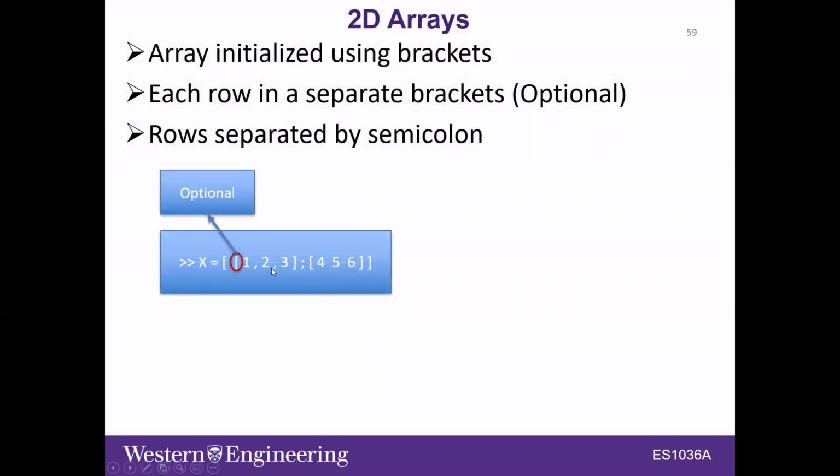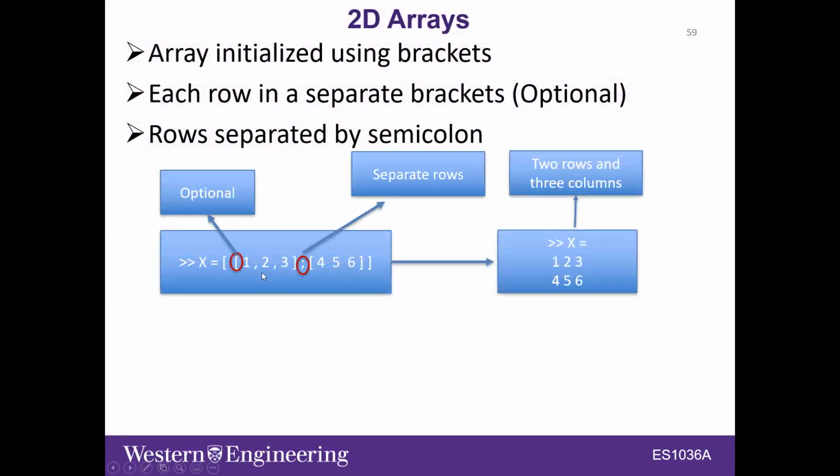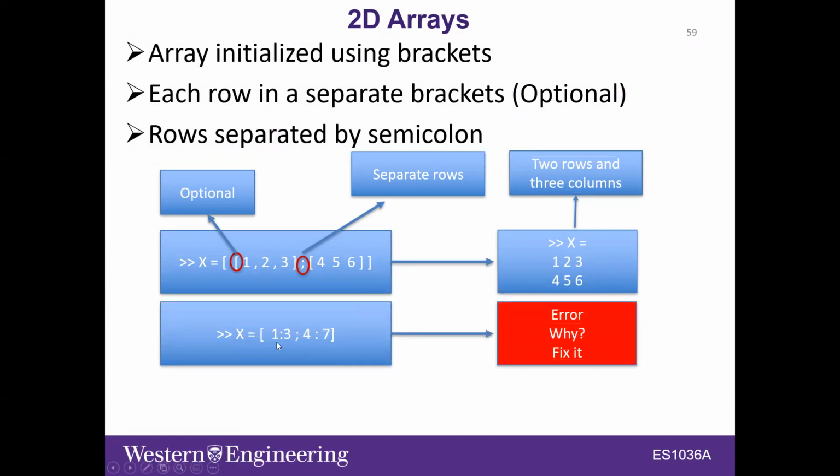Two-dimensional array, it is done like this. Separate rows: 2 rows, which are 1, 2, 3 and 4, 5, 6. Error, why? You choose 1 to 3, yes, 1, 2, 3. But 4 to 7, we should have 4 to 6. So this is out of boundary.